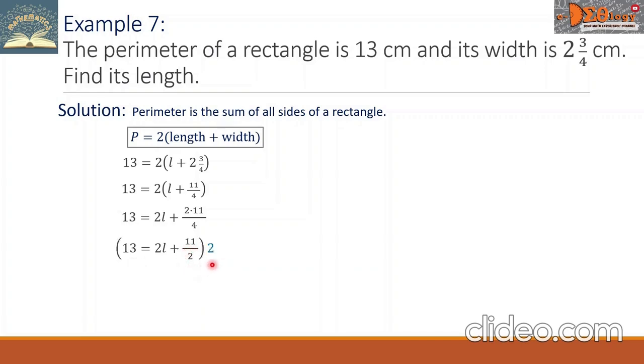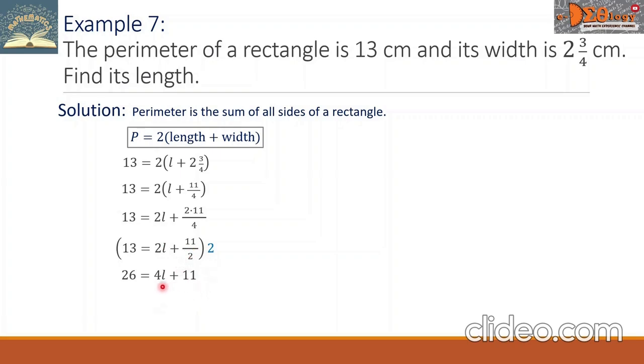So it becomes like this. And these 2 multiplied to each of the terms of the equation. 2 times 13 is 26 equals 2 times 2L is 4L plus 2 times 11/2 becomes 11.